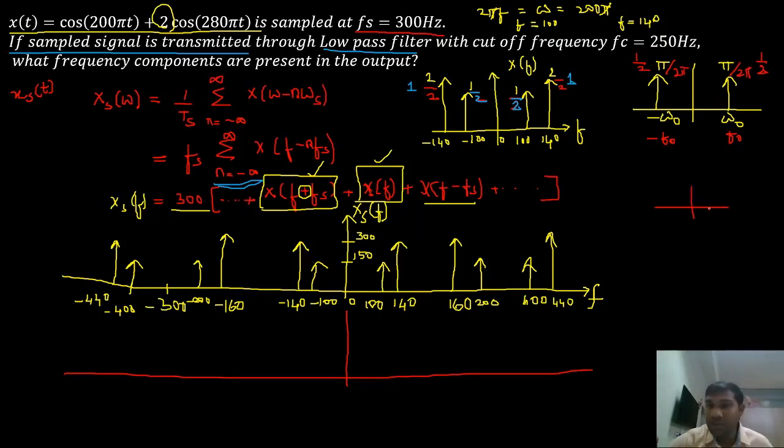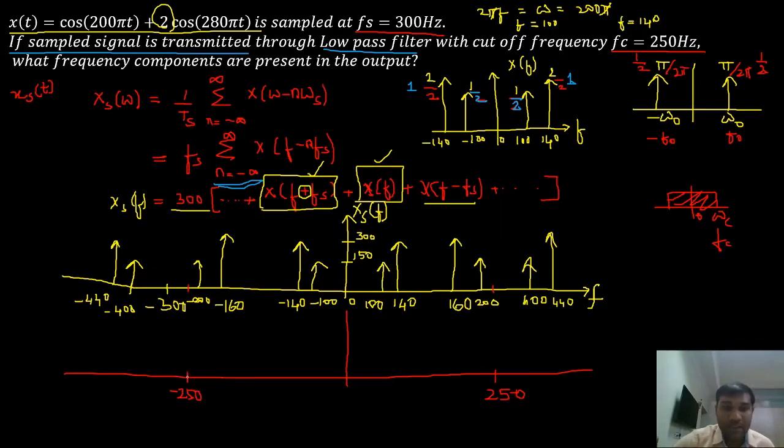Generally, a low pass filter is nothing but a gate function. It allows only the frequencies less than omega c or fc and rejects everything else. So what is the cutoff frequency? It is 250. So this is my 250, and here, negative 250.